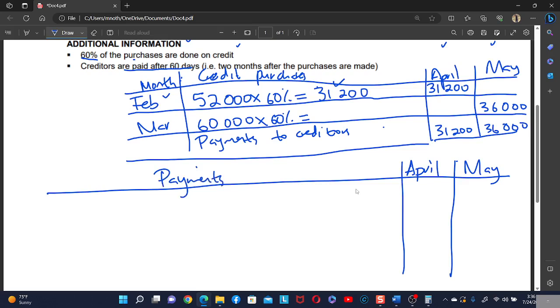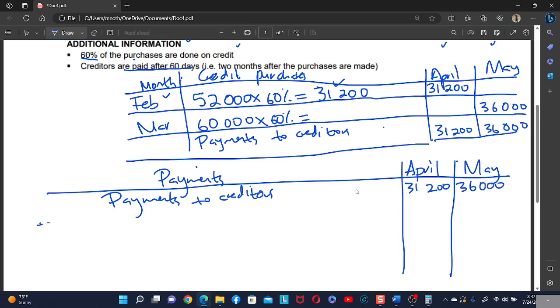We are going to have the payments to creditors. In April, the payment to creditors is going to be 31,200. Then in May, it is going to be 36,000, right?